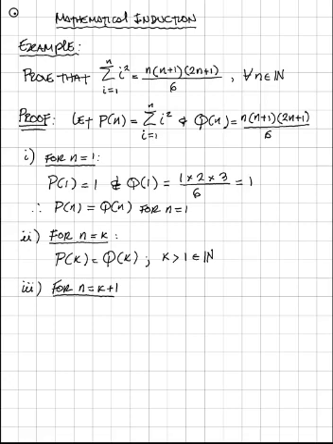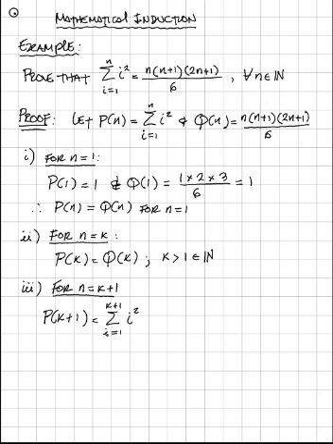Okay, so here we go. P(k+1), by definition of P, is equal to the sum from i equal 1 up to k plus 1 of i squared.